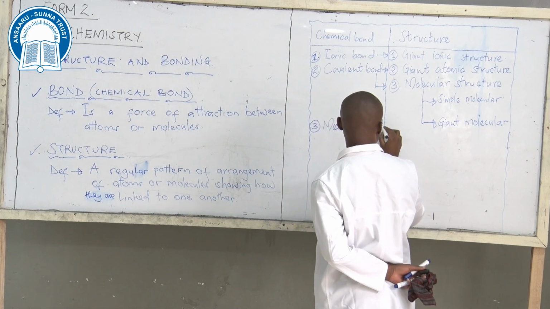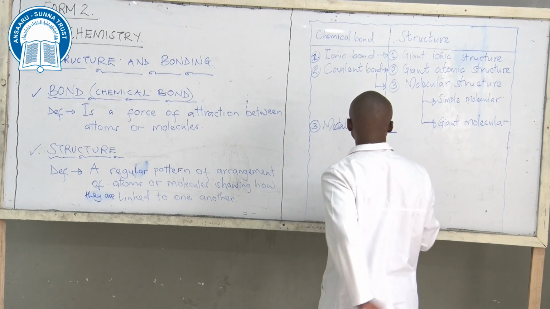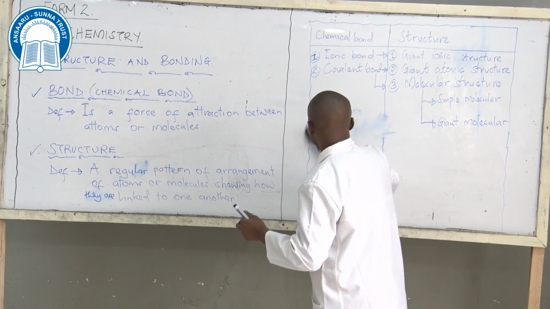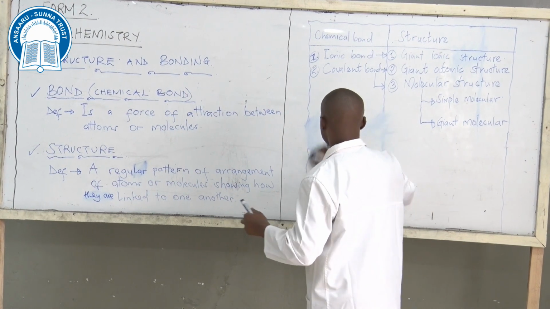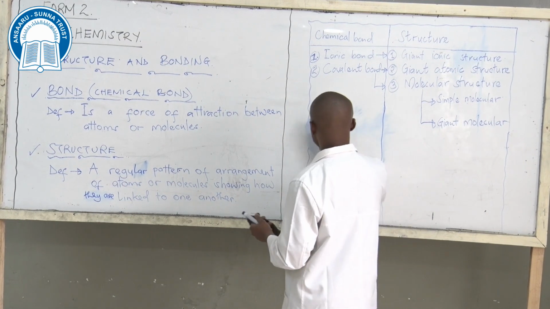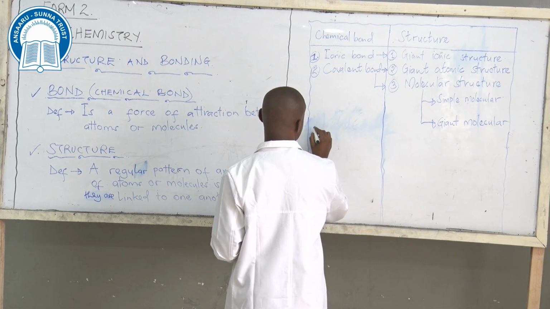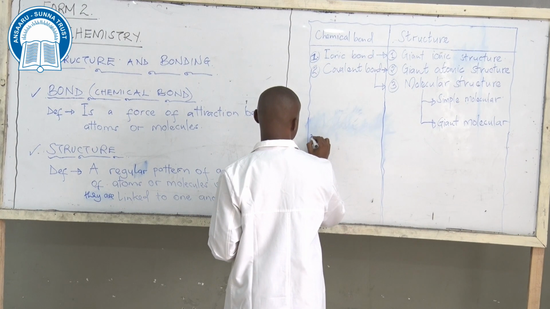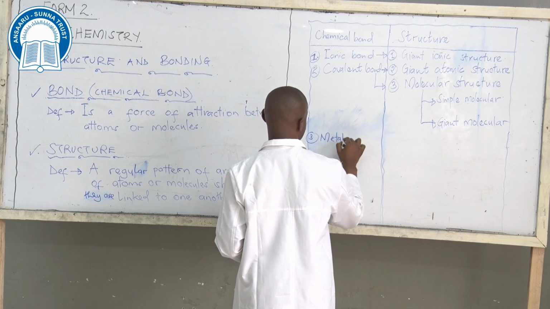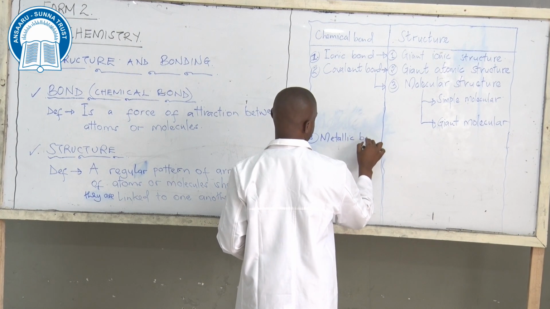Just to correct that a bit, that space is not enough. We are seeing the third special bond, number three. It's unique on its own. This is number three, metallic bond.